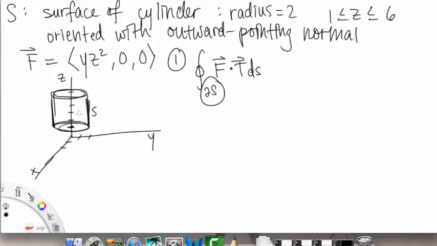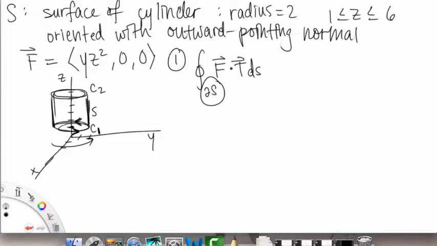We can call the one on top C1. Well, no, sorry, in my notes I called that C2, and the bottom one is C1. I'm going to orient both of these pointing this way, going around in the direction of the arrows.